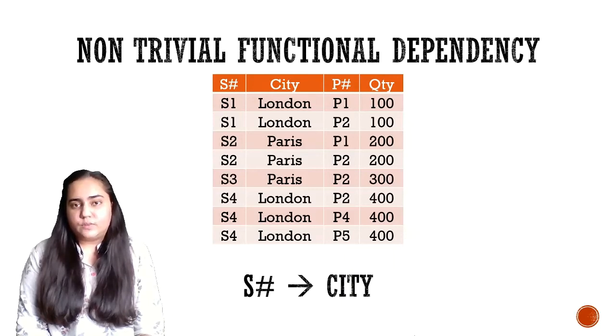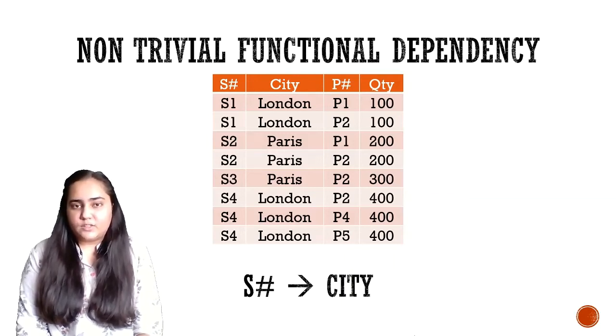This is a non-trivial functional dependency, and this is something to take care of. You would try to remove this type of dependency from your table by using a technique called normalization, which we are going to see in upcoming videos. What you have here is a functional dependency, because when I ask you a question about S hash, you are able to give me one answer.